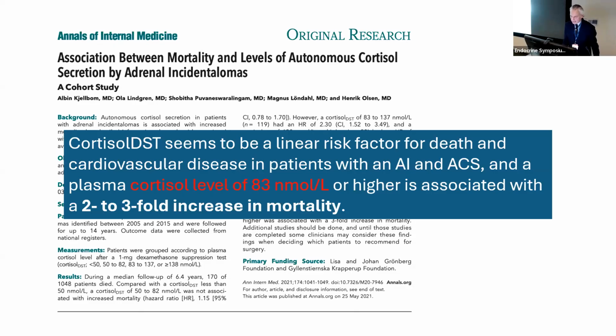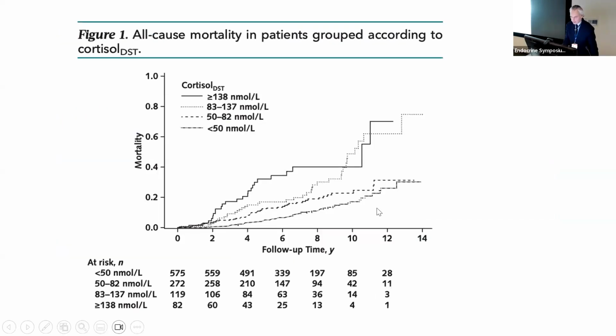And what they found is that a plasma cortisol level of more than 83 nanomoles per liter or higher is associated with a 2 to 3-fold increased risk in mortality. So you can see this here on these Kaplan-Meier curves that the mortality significantly increases once cortisol is more than 80 nanomoles per liter. And by the way, this is all-cause mortality, not just cardiovascular, but also mortality from cancer.